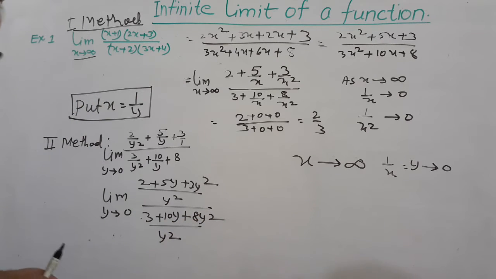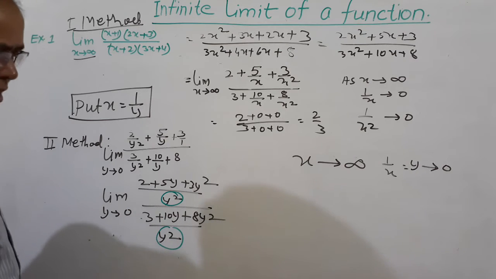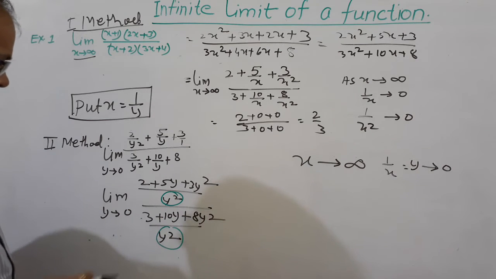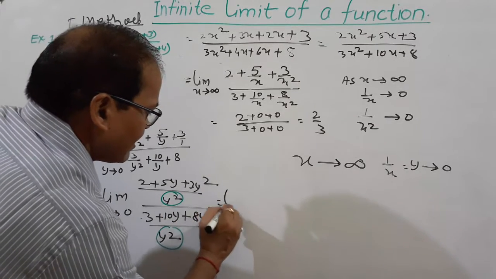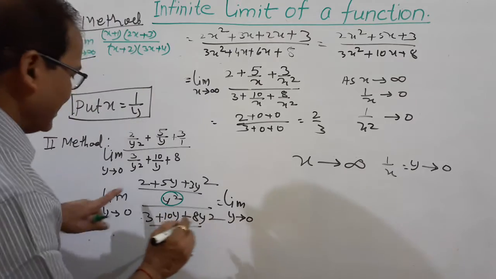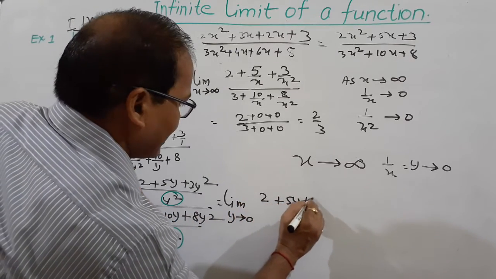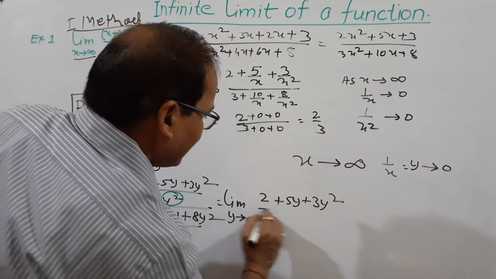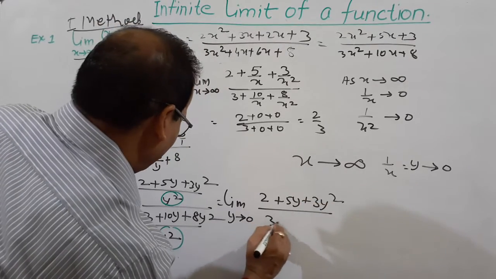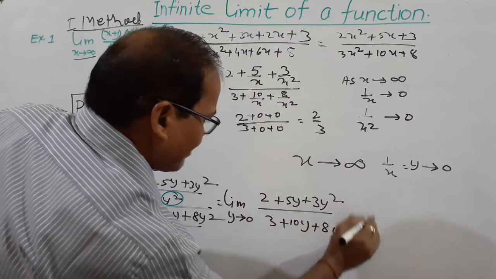Now look here, the y square can be cancelled. What is left is the limit as y tends to 0 of 2 plus 5y plus 3y square divided by 3 plus 10y plus 8y square.